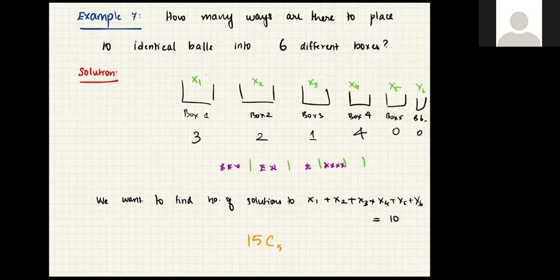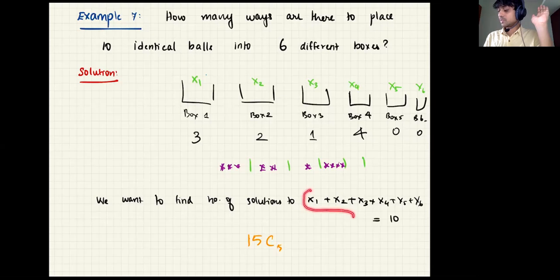How many solutions would there be? This is a different problem. Can we do it with the bars and stars? You first assign. They have to start with at least one, right? I have the number of solutions which are positive and can't be 0.